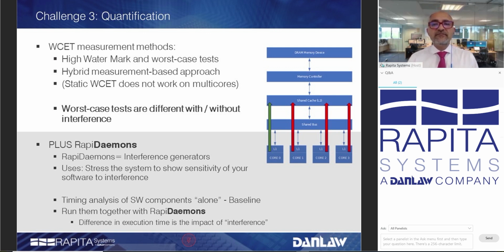you want to be able to have mechanisms to see how sensitive that application is when there is traffic on the other cores. For that, we have a product we call the Rapita interference generators. They are extremely well-crafted pieces of code that hammer specific resources. And there's a full catalog that allows interference generation on the bus, on the caches, on the memory, different levels of memory.